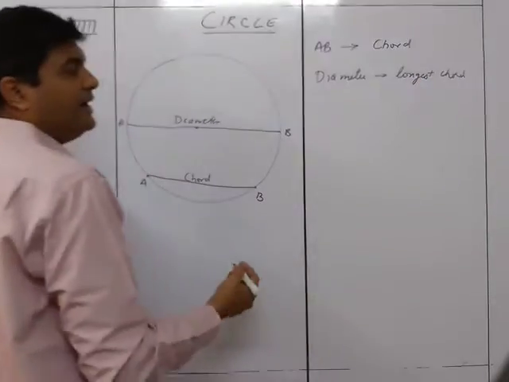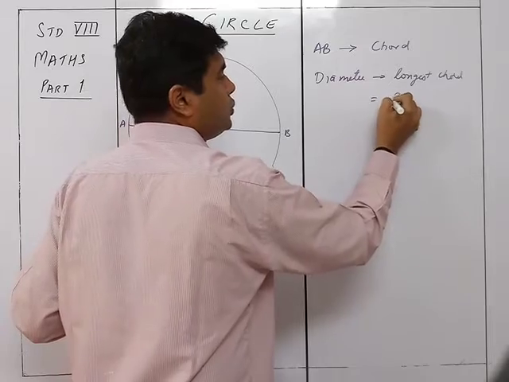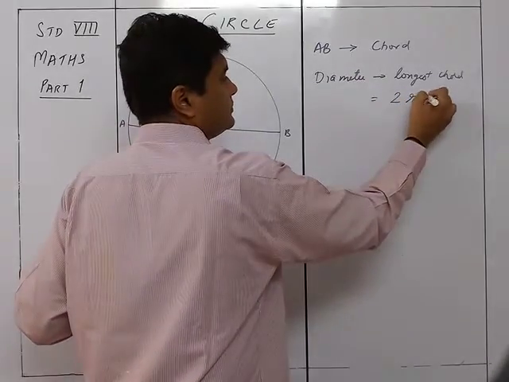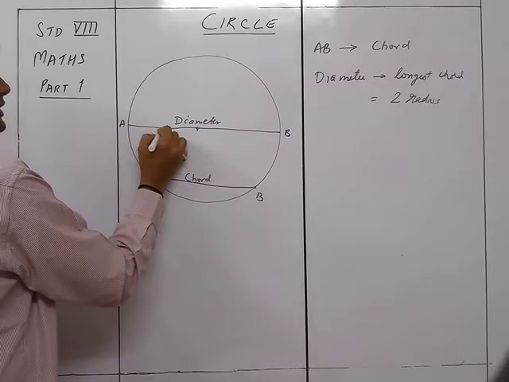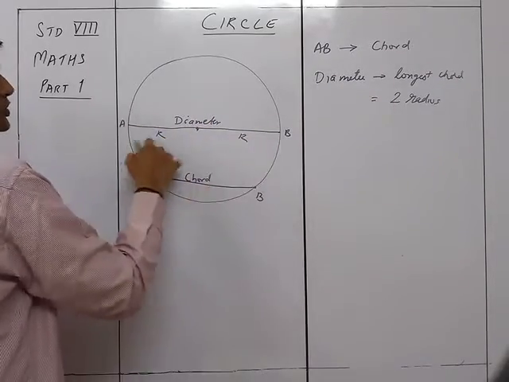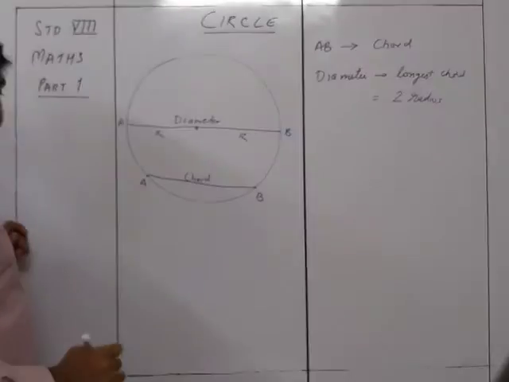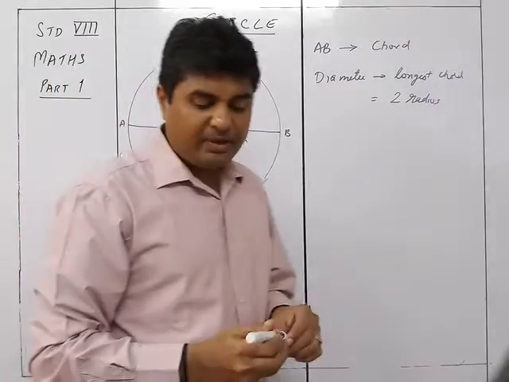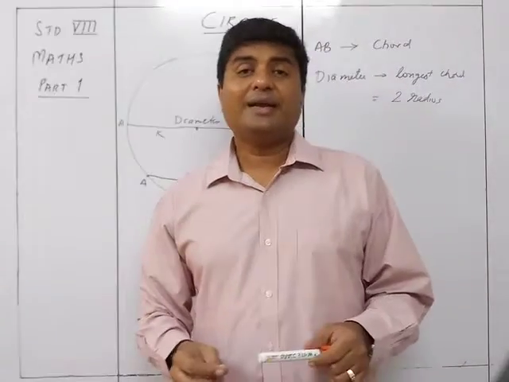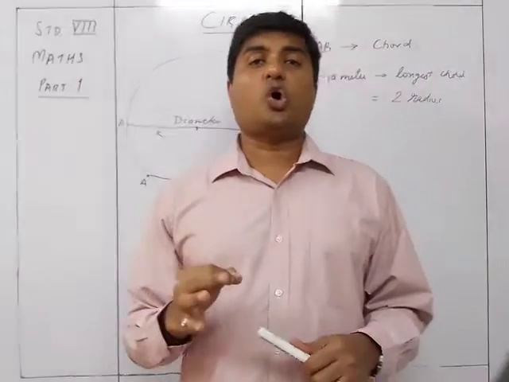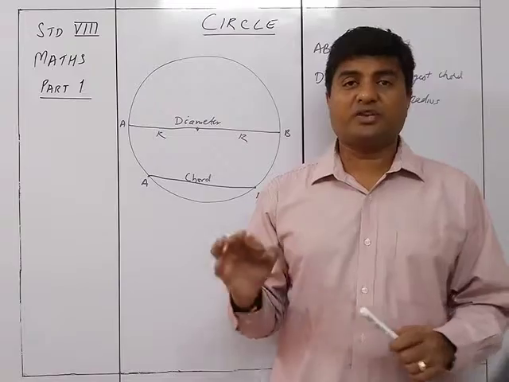And what is the length of that? The length of the diameter is equal to 2 times the radius. Why? Because from here to here is the radius and here to here is the radius. So the diameter is equal to 2r. Okay. So diameter is equal to twice the radius, because diameter is the longest chord which passes through the center of the circle.